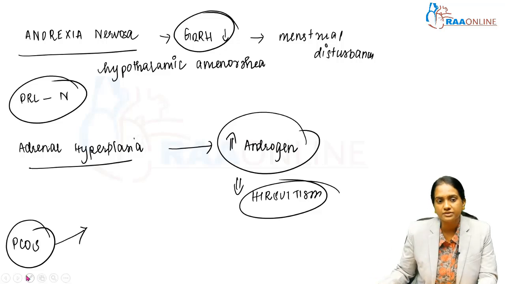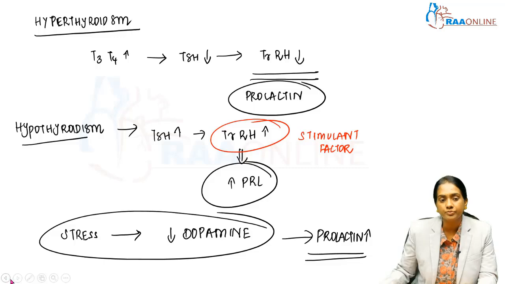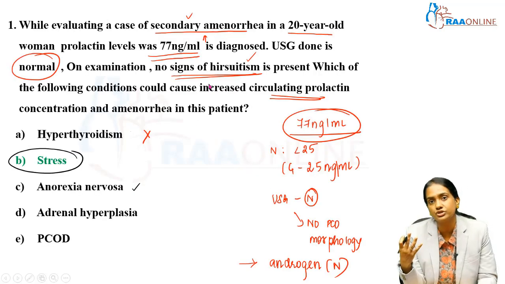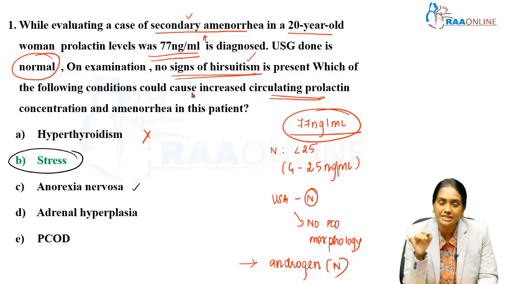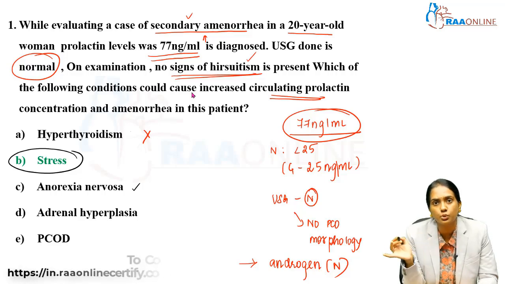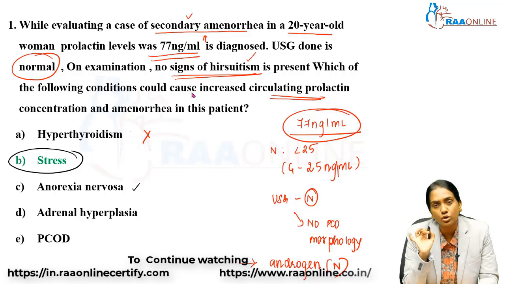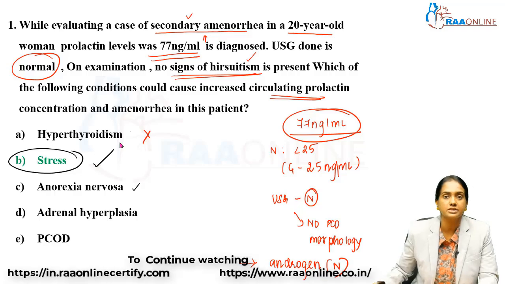If the question changes and the patient presents with hirsutism, androgenic alopecia, acne or facial hair growth, then my answer will move towards PCOD. But here it's a straight-cut answer because there are no signs of hirsutism and the USG is normal, so PCOS is more or less ruled out. This episode of amenorrhea may be because of stress. So stress will be the right answer in this question.